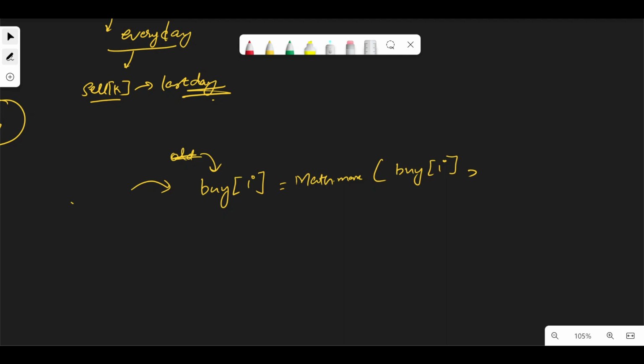And if I'm buying today, then I'm gonna have to do, I have sold I minus one, right? And now I'm buying another one. So now what about I equals to zero? So let's not handle I equals to zero. Let's just handle this from I equals to one to I equals to k. Fair enough.